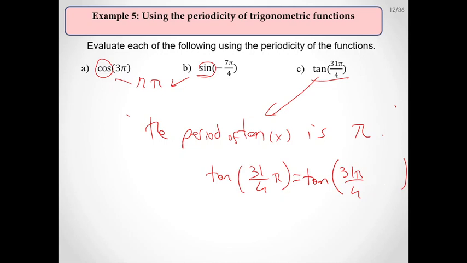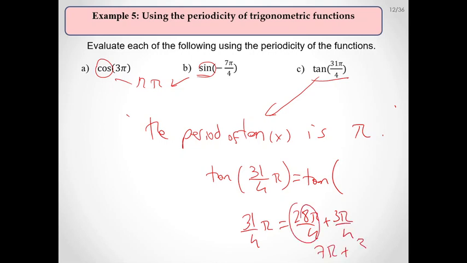So for this reason, it's better I write 35 pi over 4 as 28 pi plus 3 pi over 4, and here 28 pi over 4 will be 7 pi.